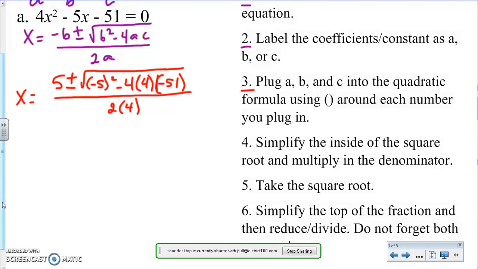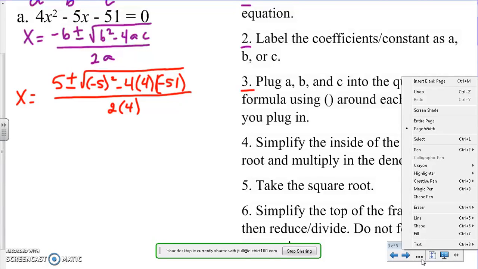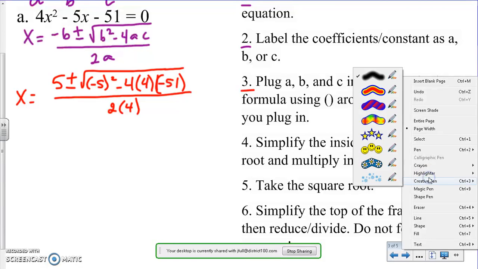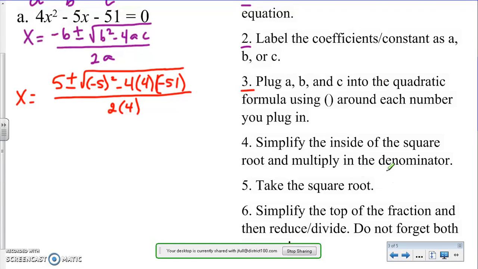Okay, the next step, I highly recommend you use your calculator and are really careful when you enter this. If you start by entering just the part inside the square root, don't actually enter the square root, just the part on the inside. So I'm going to do parentheses, negative 5, parentheses squared, minus 4, parentheses, 4, parentheses, negative 51, parentheses.